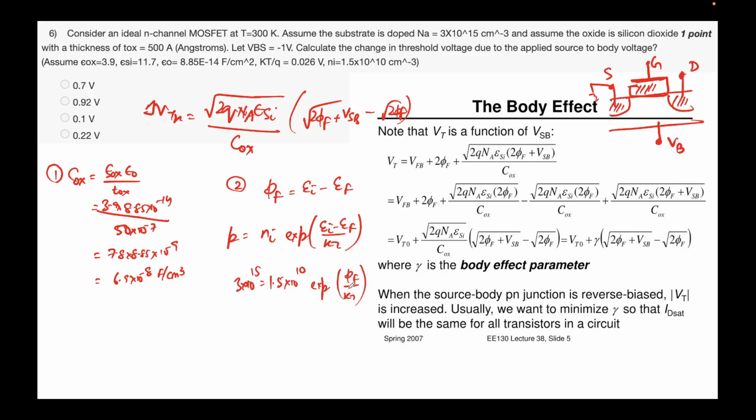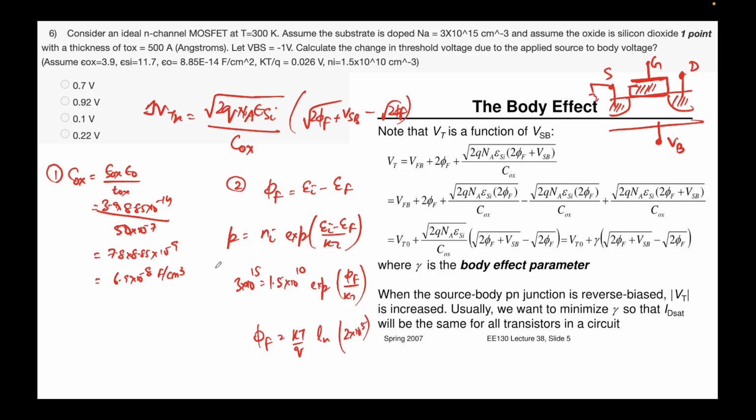What you can do is you can calculate phi F. So phi F will be your KT by Q. That depends on how you want to express phi F. If it's in volts, KT by Q will give you in millivolts, which we want essentially, because VSB has been given in volts. So this will be 26 millivolts, assuming at room temperature. Yeah, it's given 0.026 volts, and ln of whatever this number comes out to be. So it's 3, so it will be 2 into 10 to the power 5.